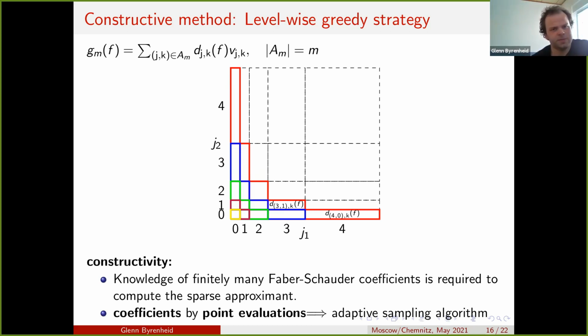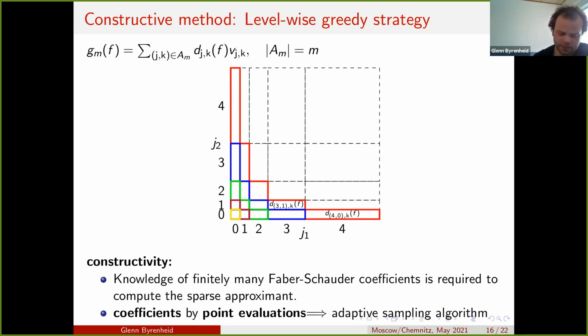And afterwards we select from these finite levels m coefficients or m hat functions to build our approximant. Remember that each d_jk, the Faber-Schauder coefficients, was generated by function evaluations.